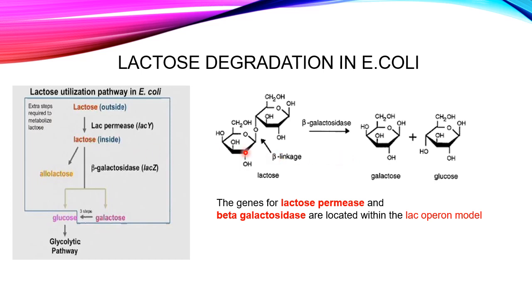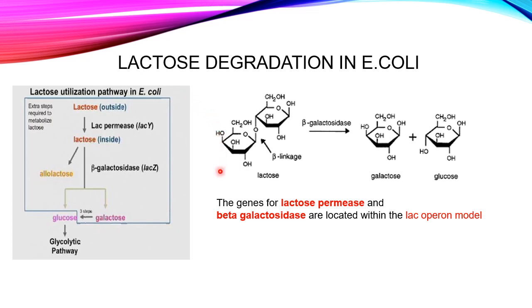Now, why are these two diagrams taken into consideration? It is to explain this point, that the genes which are responsible for the lactose permease and beta galactosidase are located within the OPERON model. And this OPERON model helps in the lactose utilization pathway in the E. coli.